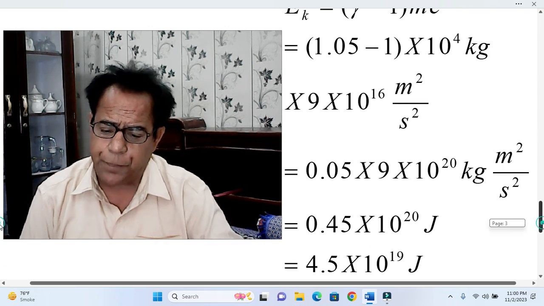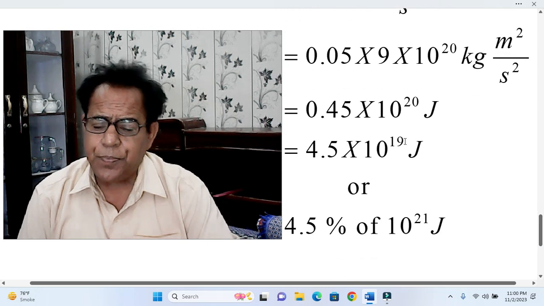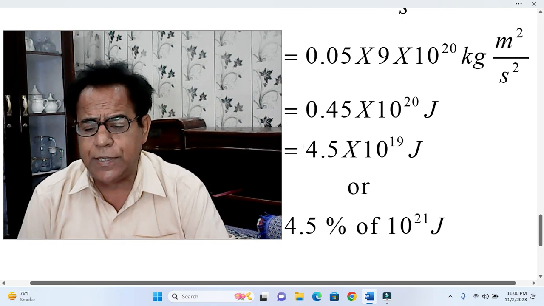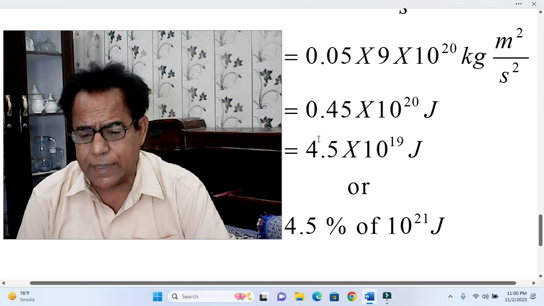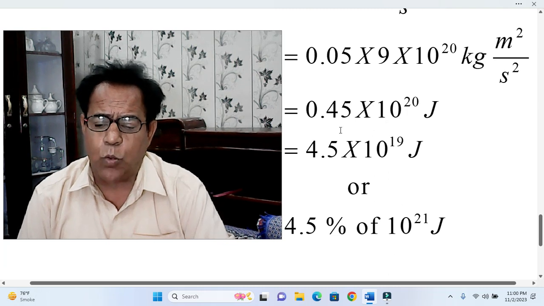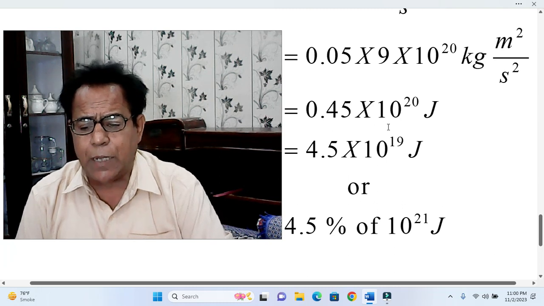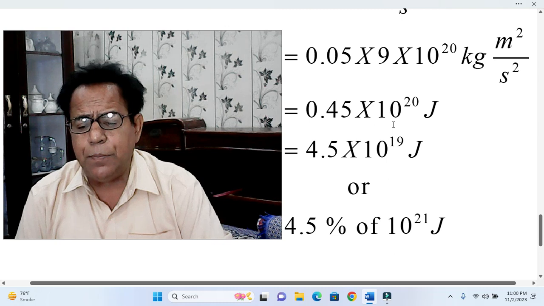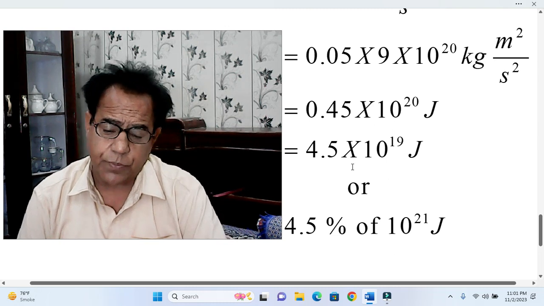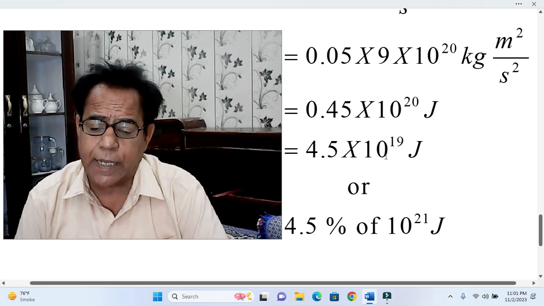In the next step, we have shifted the decimal one step ahead. When we shift the decimal one step ahead, the power of 10 is reduced by 1. However, when we shift the decimal one step backward, the power of 10 is increased by 1. Anyhow, it has become equal to 4.5 into 10 raised to the power 19 joule.